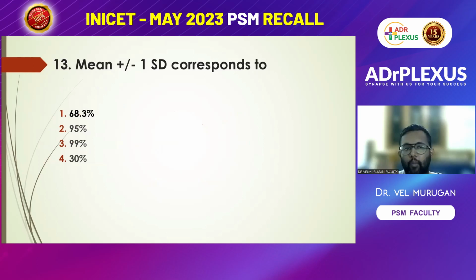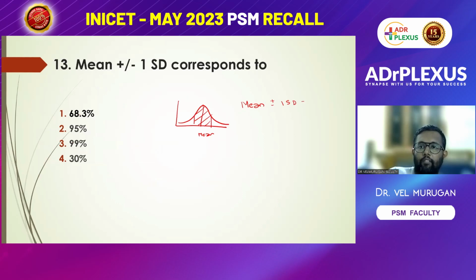Mean plus or minus 1 standard deviation corresponds to what? It is an easy question. It's the normal distribution curve. Mean plus or minus 1 standard deviation corresponds to 68.3% of the curve.